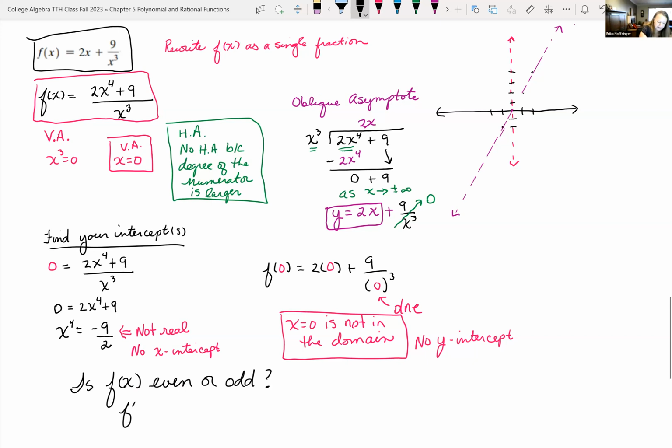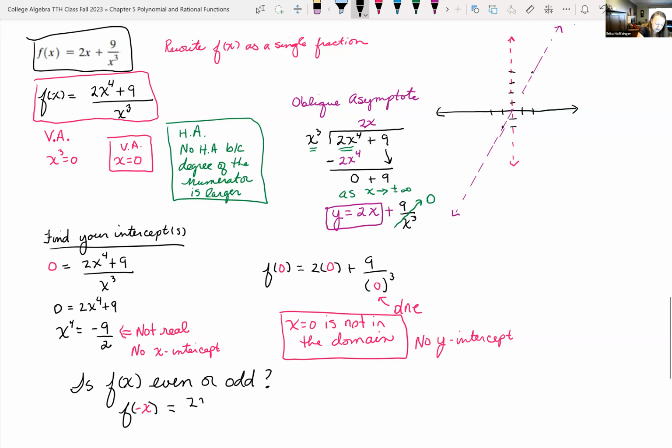So if I go in there and I plug in negative x, wherever I see an x, I'm going to plug it into the single fraction. I would have 2 negative x raised to the 4th power. That when I multiply out negative x 4 times is positive x to the 4th.